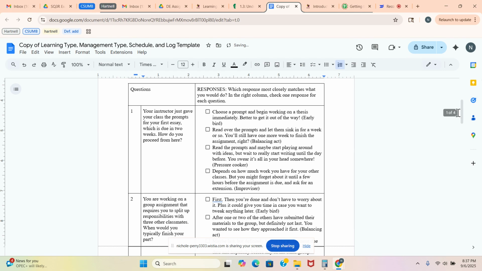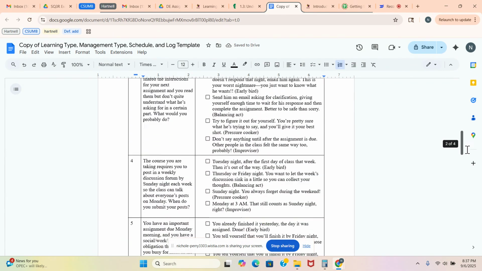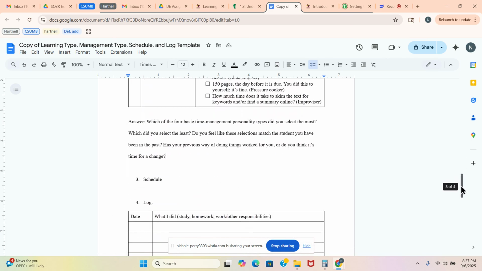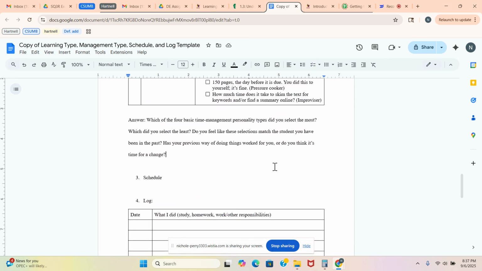Okay, so from that, then you answer these questions. Which of the four basic time management styles did you have? And that's what's in the parentheses. Say that you had a lot of the balancing act, but you didn't do very much of the early bird.